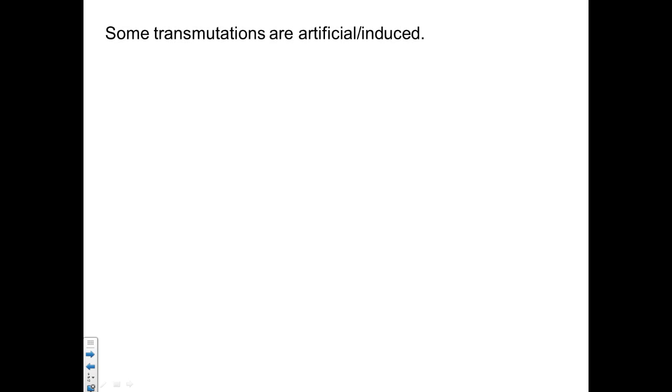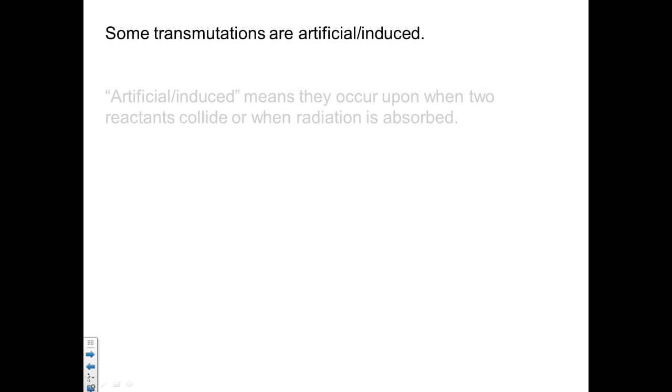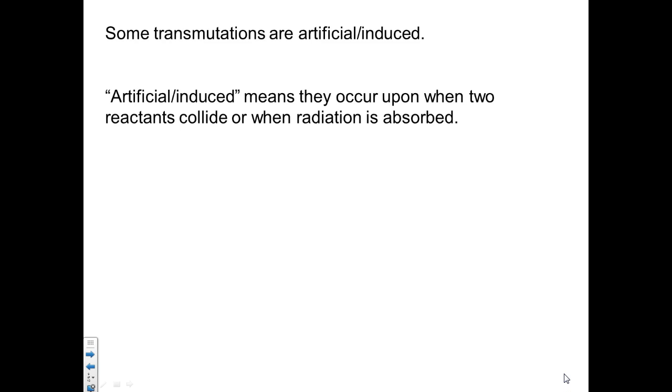Now, some transmutations are artificial or induced, and that means that they occur when the parent nuclide collides with something else, or when it absorbs radiation. With everything that we've seen so far, every example, there has been a loss of mass during the reaction, which means there's a release of energy into the environment.